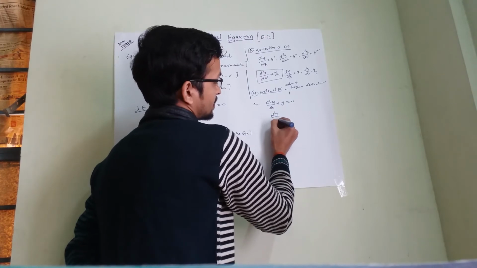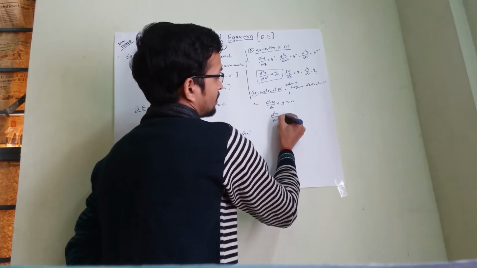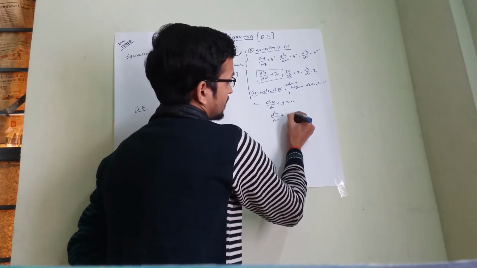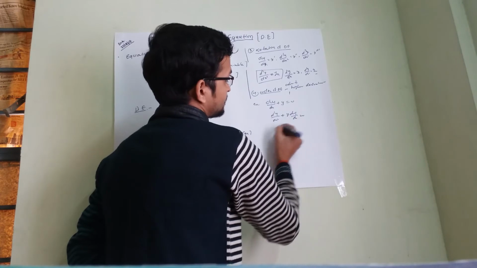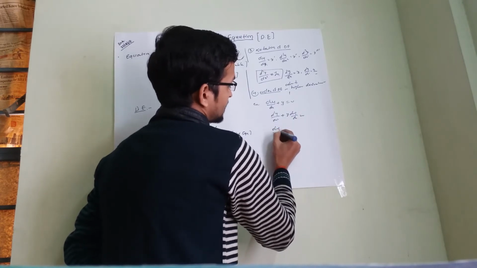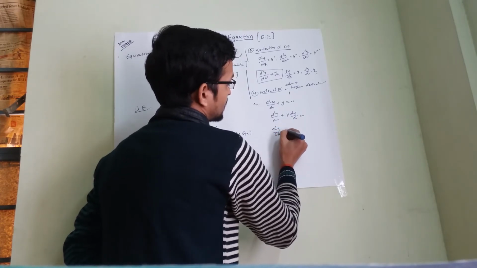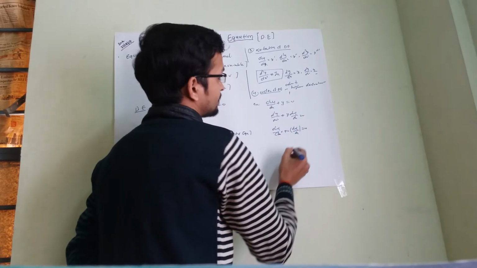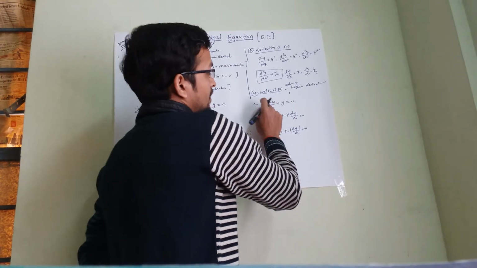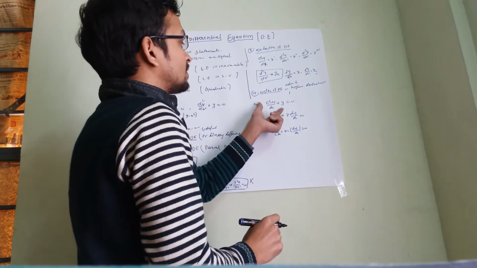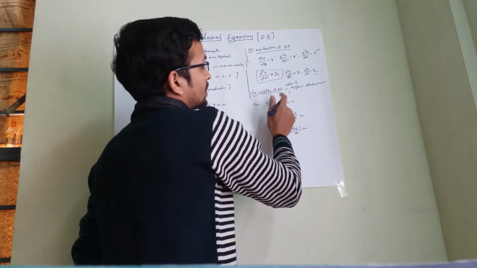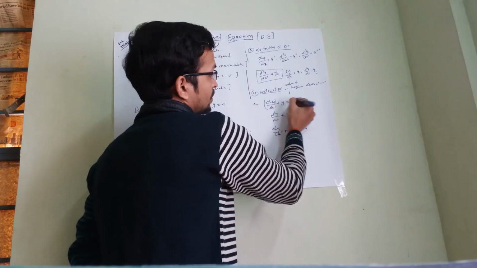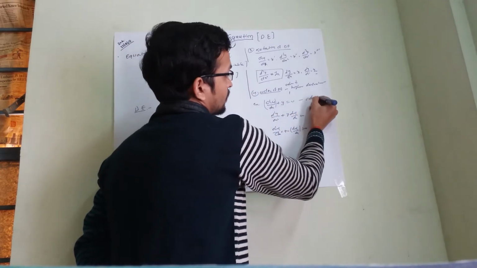dy by dx plus y is equal to 0. d square y by dx square plus y dy by dx is equal to 0. And third, d cube y by dx cube plus sin of dy by dx is equal to 0. Here you see only dy by dx appears, with power 1, so the order is equal to 1.